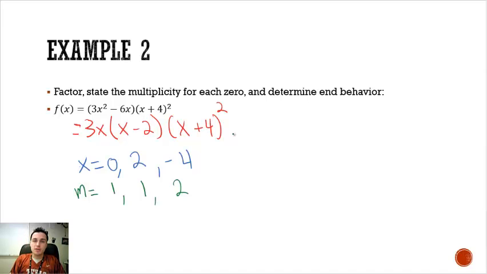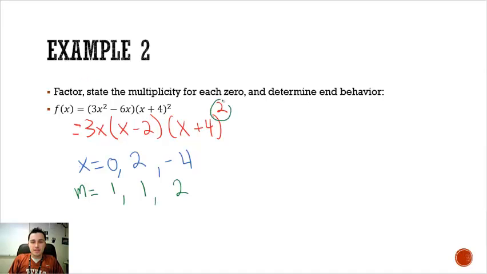We don't actually have to do that because end behavior only cares about one thing. What is the largest degree, the highest exponent, and what is the coefficient for that thing? So if all I do is focus on just taking the x's and figuring out what the maximum x power is going to be and what the coefficient would be for it, I can do that pretty simply.